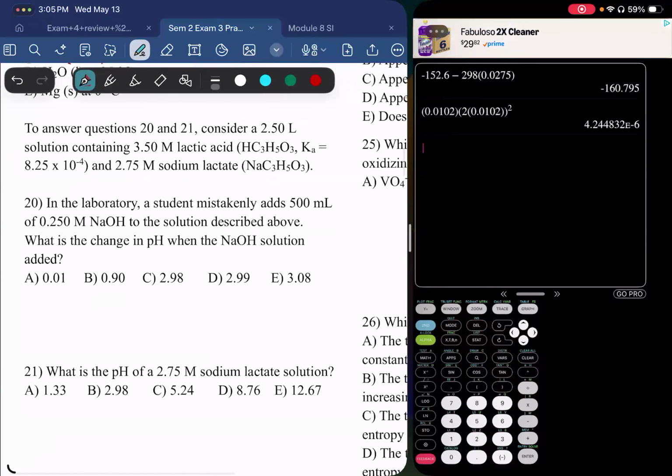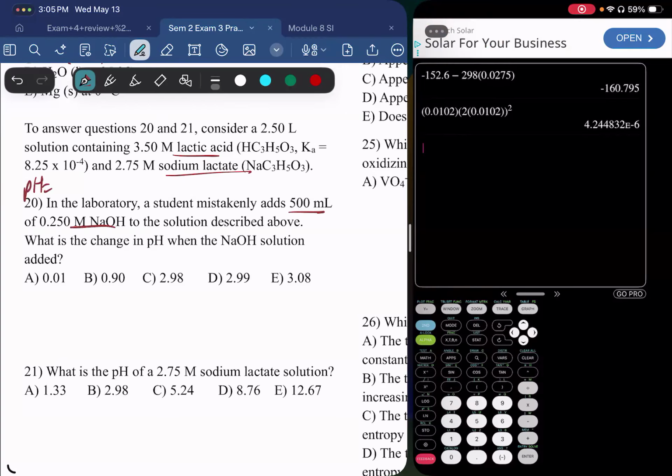All right, 20 to 21. So we have a solution and it has lactic acid and it has lactate. The first question is asking what's the change in pH when you add NaOH, and they gave these values here. The first thing we need to do is figure out the first pH value. In order to do that, pH is equal to pKa plus log of base over acid. This is before any of the base is added.